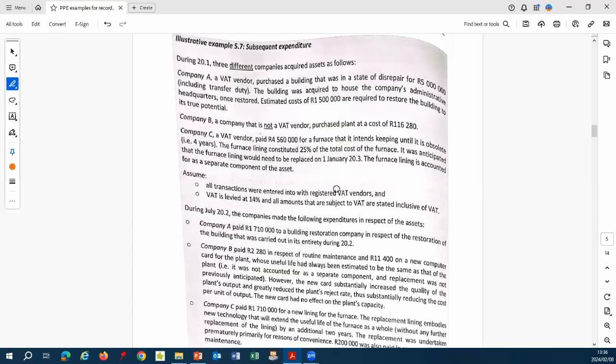So we have three companies, company A, B, and C. A is a VAT vendor. They've purchased a building that was in a state of disrepair for 5 million. The building was acquired to house the company's administrative headquarters, and they're estimating they're going to spend another 1.5 million to restore the building to its true potential.